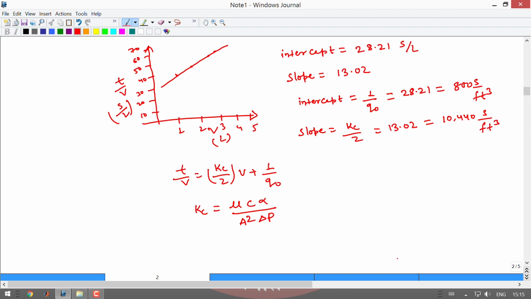So now everything is known except alpha. Alpha is the specific cake resistance that we have to find out. So, alpha equal to area square delta P Kc by mu into C.